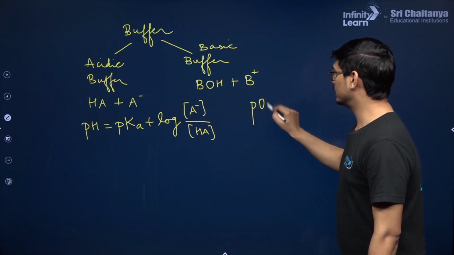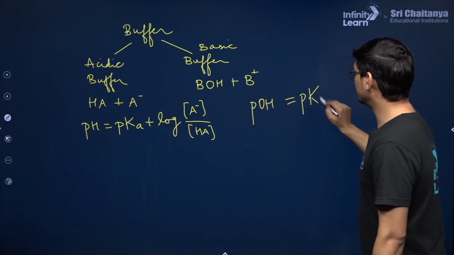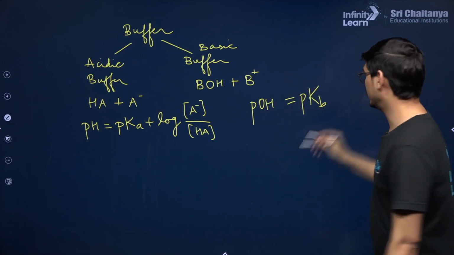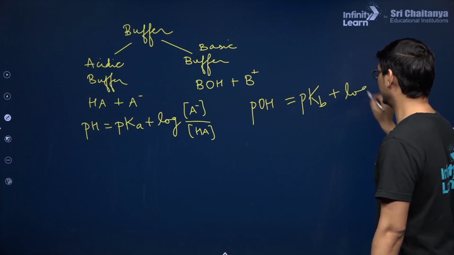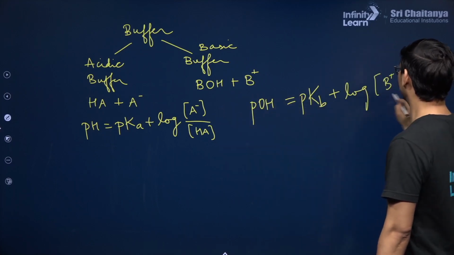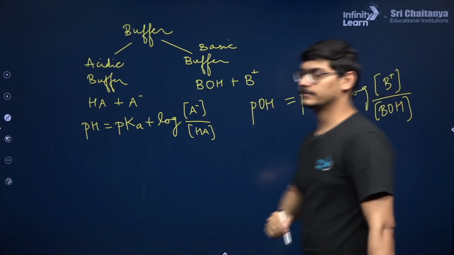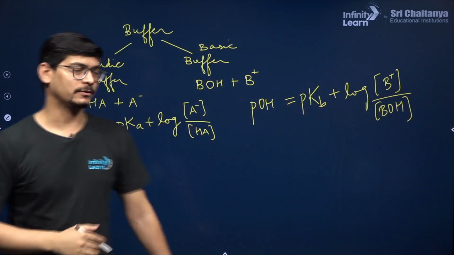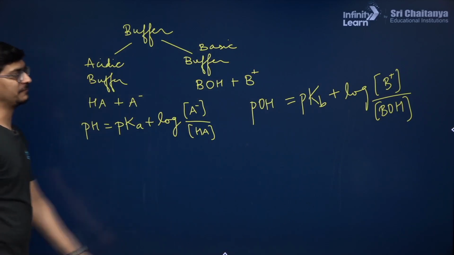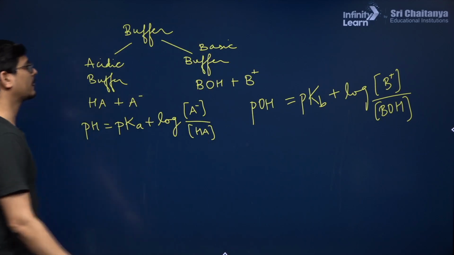So here the pOH will be equal to pKb, because we are discussing a basic buffer, plus log of the conjugate acid concentration divided by the concentration of base. That is how you calculate the pH of acidic and basic buffer. Of course, you can use pH plus pOH is 14 to calculate the pH.